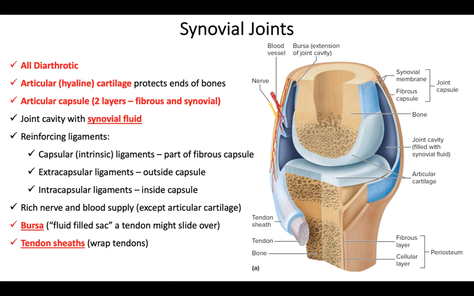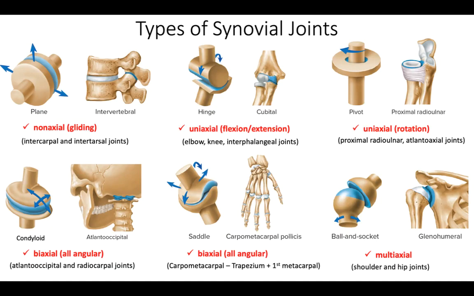Continuing with synovial joints, there are 6 categories of synovial joints. What puts you in these categories is the shape of the bones that come together. If the two bones come together at very flat or slightly curved surfaces, that's called a plane or planar joint.